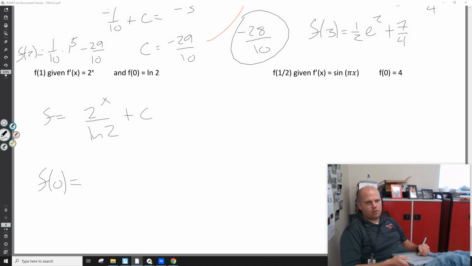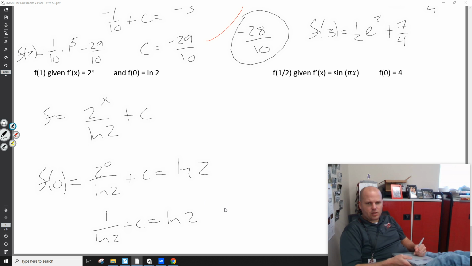F of 0 is 2 to the 0 over ln2 plus c. That has to equal ln2. I don't know if this works out as nicely as I thought it would. C must equal ln2 minus 1 over ln2. What's f of 1?